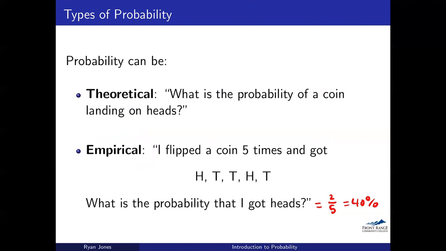Maybe it's not so cut and dry as just flipping a coin. Maybe I'm asking, what's the probability that a random number you pick is prime? Well, that's going to be really hard to figure out theoretically. The math on that would be tough. So maybe you just go and you ask people on the street.